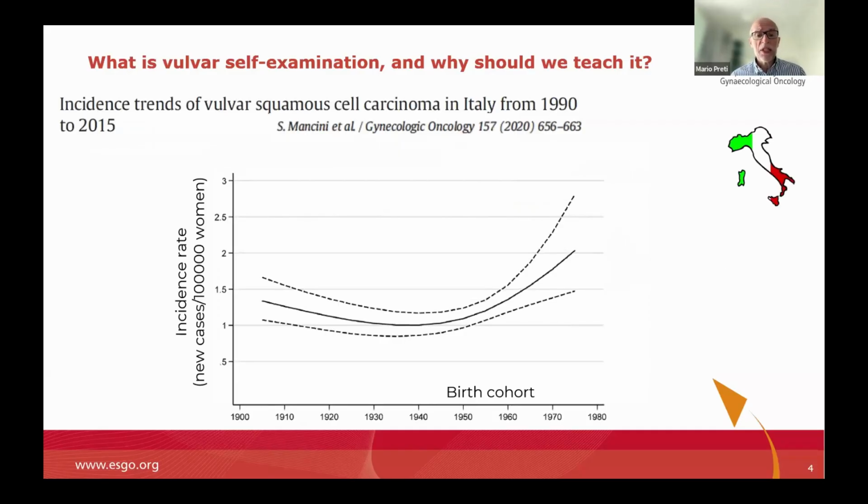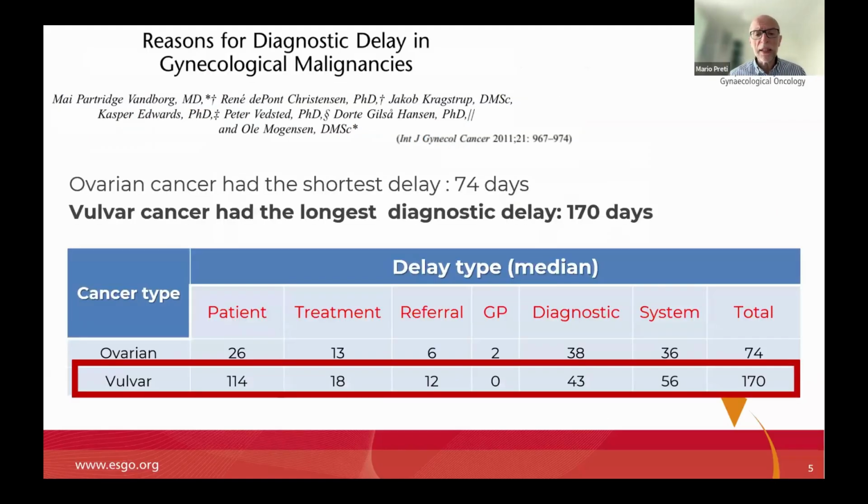And we see in Italy that the younger cohorts are at higher risk of increasing incidence of vulvar cancer. Vulvar cancer is the cancer that has the longest diagnostic delay, so early diagnosis is important.